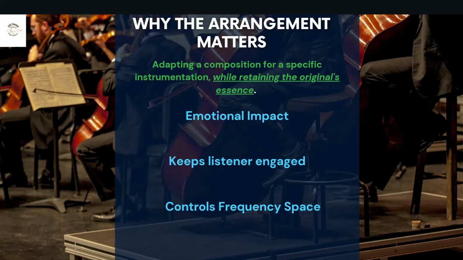This means that we have a set of instrumentation and a set of musical elements that we combine, and we are able to transmit the essence of the original composition, which is the three elements: the rhythm, the melody, and the chord progression or the harmony, into a full set of instruments.